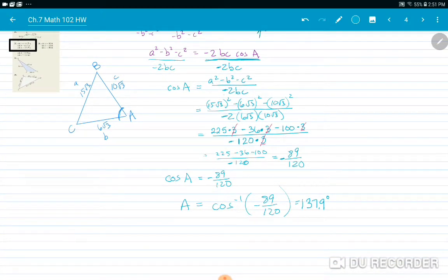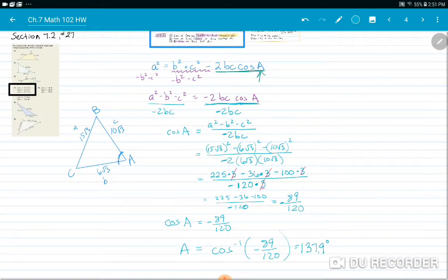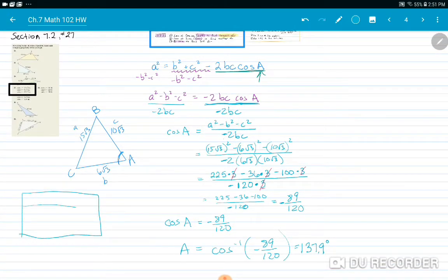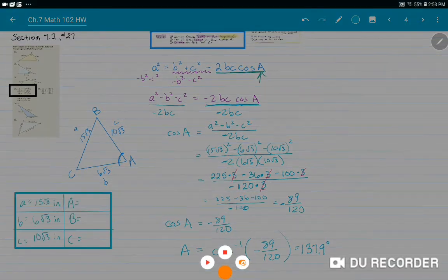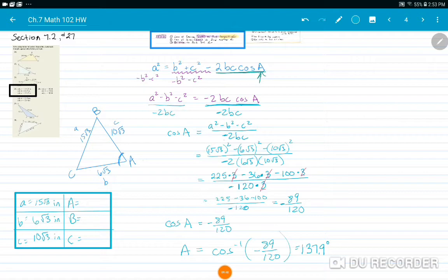So that gives me angle A. So going back to my solution, I need to make a little table here. And I got 137.9 degrees for angle A. Okay, so that's step 1 from that.